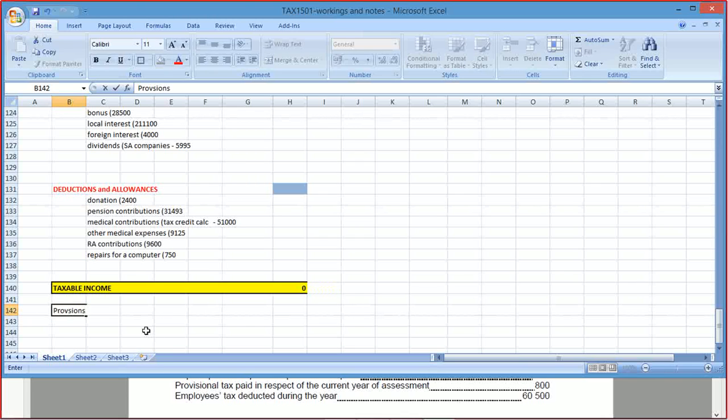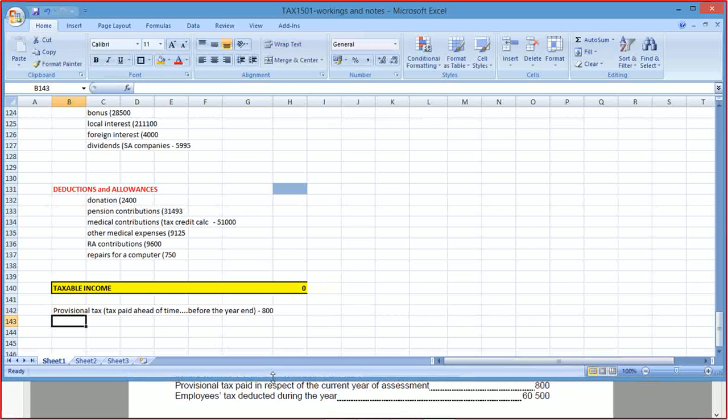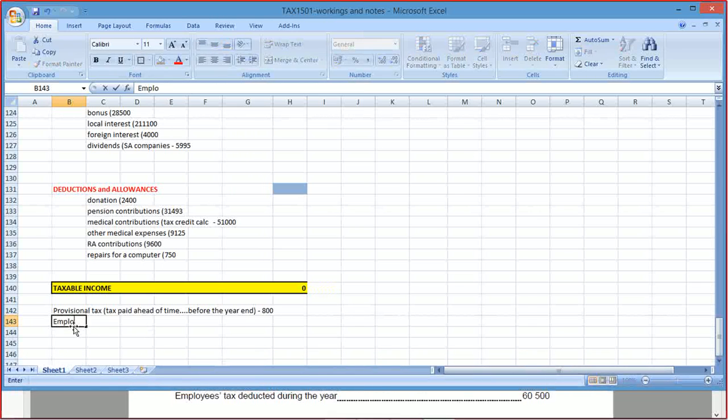Provisional tax is tax that you pay during the year, ahead of time, before the year end when you do your tax return. 800. And the last figure, employee tax, in brackets, 6,500. Now I've got everything.